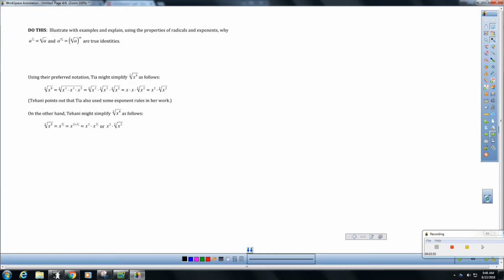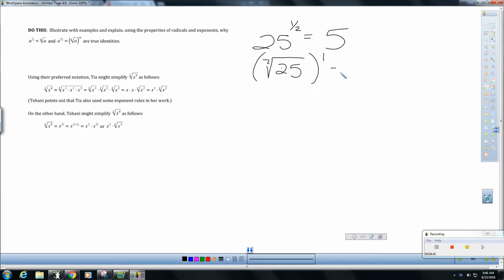So let's do 25 to the 1/2. That it's equal to 5. Go ahead and put it in the calculator, pause your video. Well, that's the same thing as the square root of 25 to the 1st. So that works.